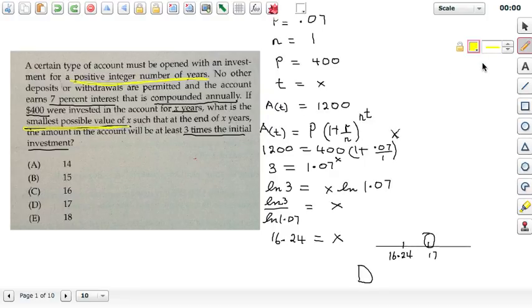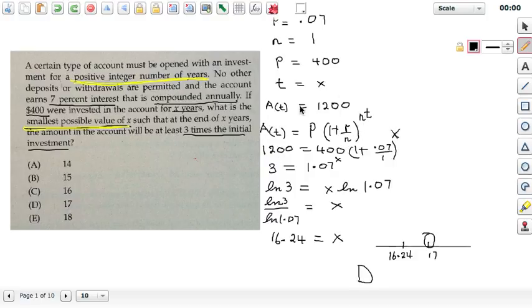Okay, so recall that the equation you will need is amount at time T is equal to the principal amount multiplied by 1 plus the rate divided by N, which is the number of times the amount is accrued in a year, raised to the power nt. And we know n is 1.